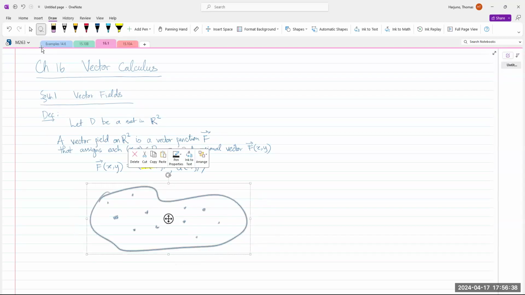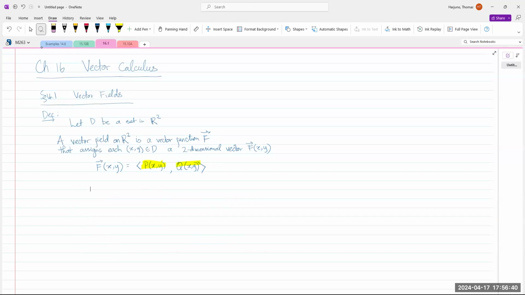Now, what I gave you here is the definition of a vector field in 2 dimensions. Of course, we can extend this to 3 dimensions. So let me write it.